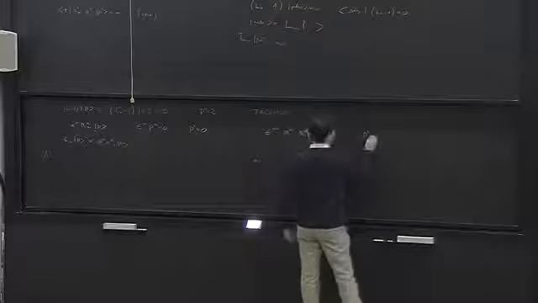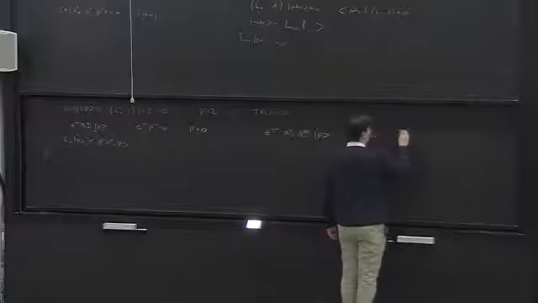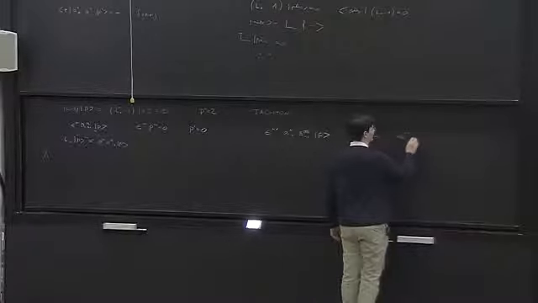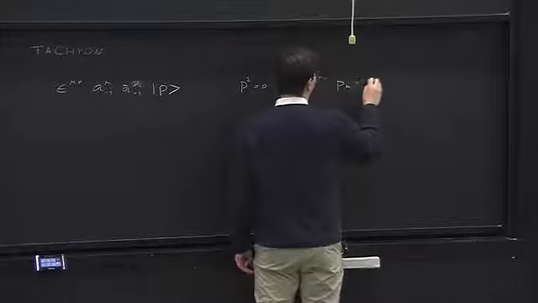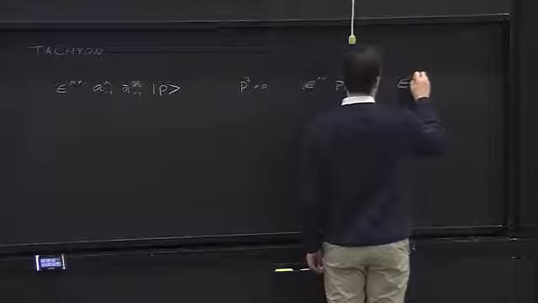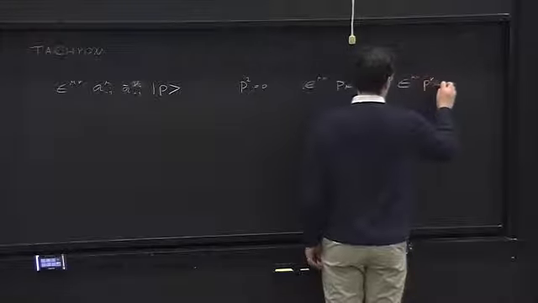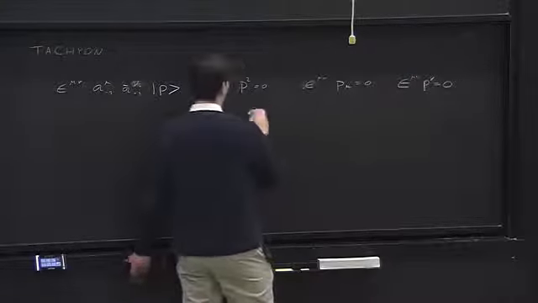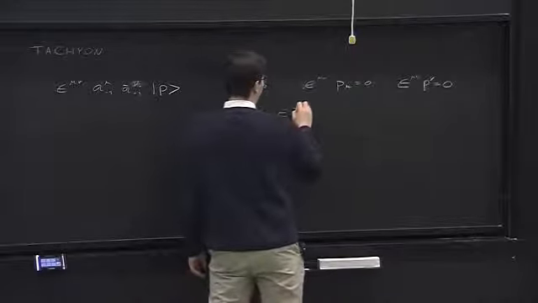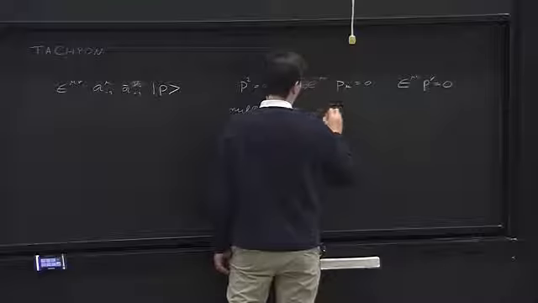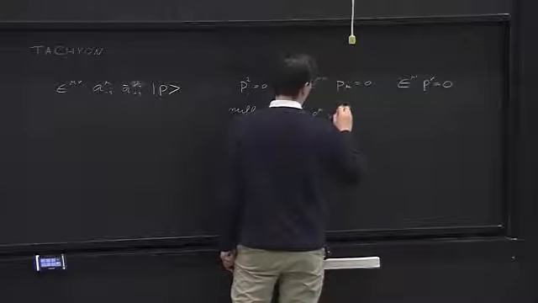So P square is 0, and epsilon mu nu is orthogonal to both P mu and P nu. And I want to throw away null states where epsilon mu nu is P mu times something nu.